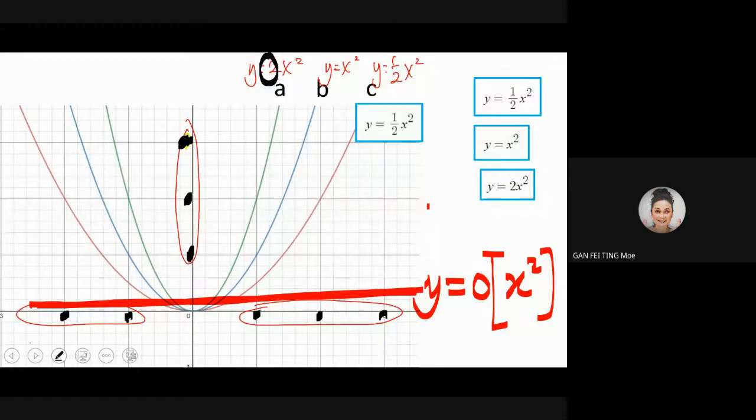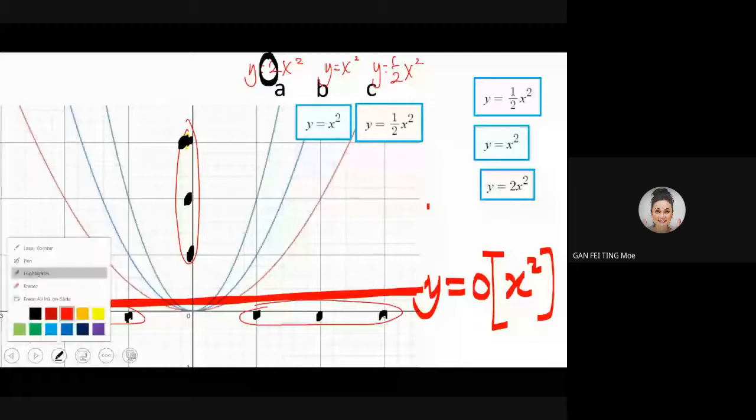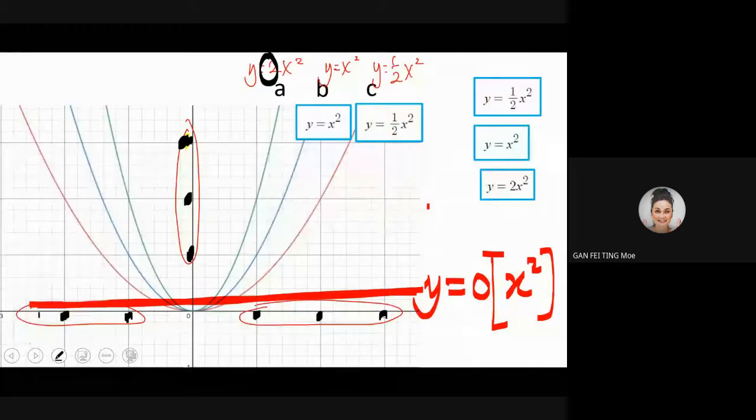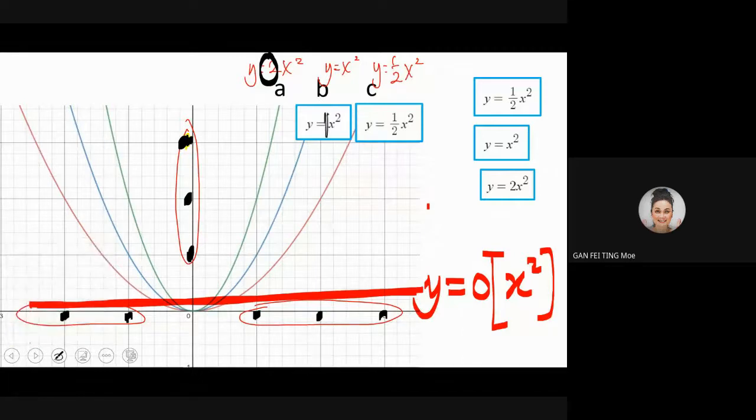Then after half, it will go to 1. After 1, the coefficient for this is 1. So from half to 1, it gets curved up.